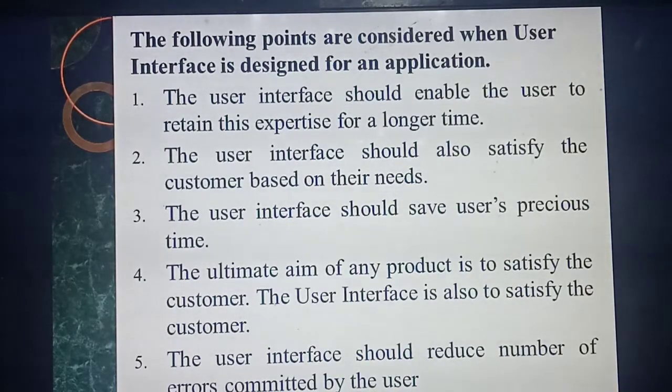Nowadays anyone can apply through an online form easily, isn't it? So that much interaction is there, isn't it? User interaction. If you are using a graphical user interface, the particular person will consider you an expert for a longer time. That's the first point.